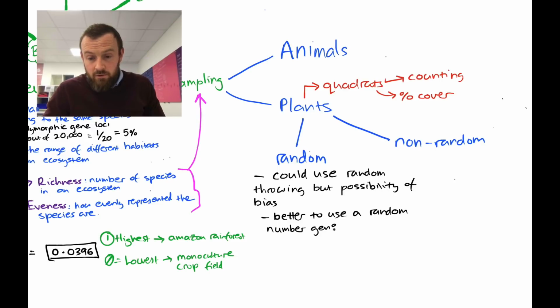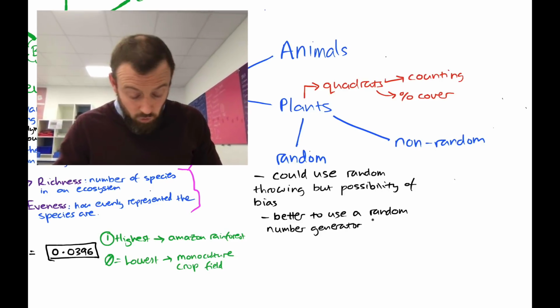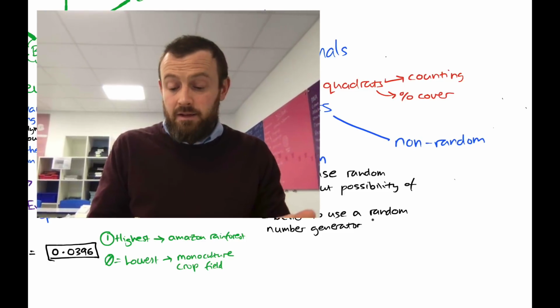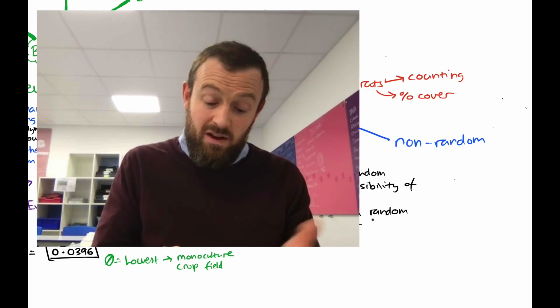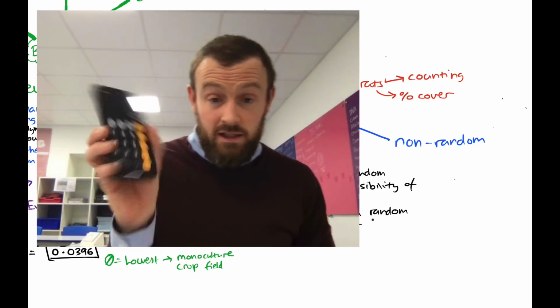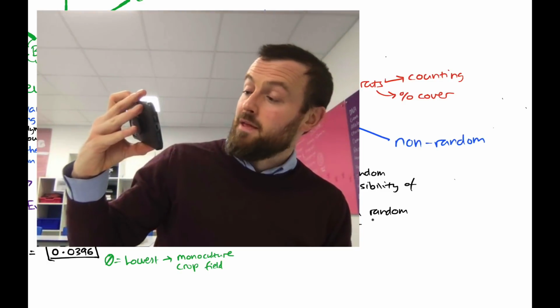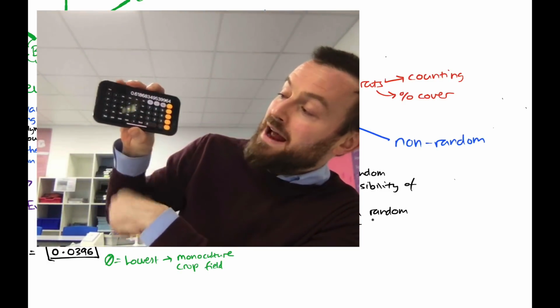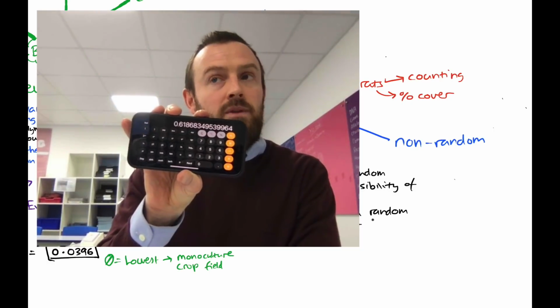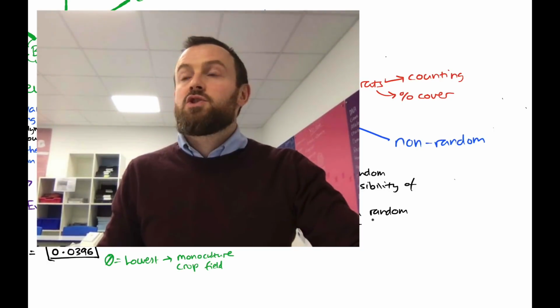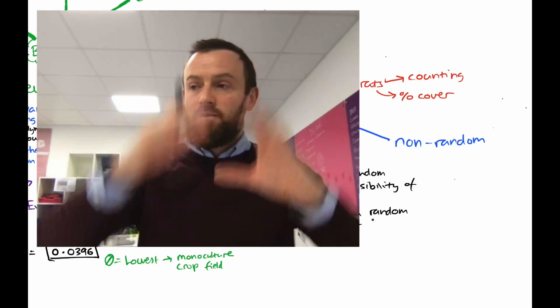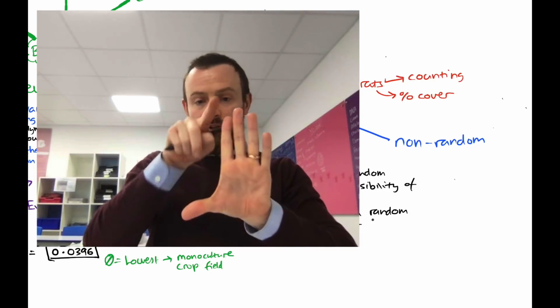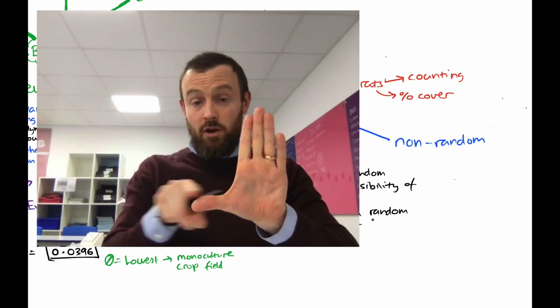And a random number generator, you will probably have one. If you have a phone calculator like this, if you turn it sideways, there's a button there that says rand. There it is. If you press it, it gives you a random decimal between 0 and 1. And you can use it to give you a coordinate. So you divide up your field from 0 to 1 on this axis and 0 to 1 on this axis.